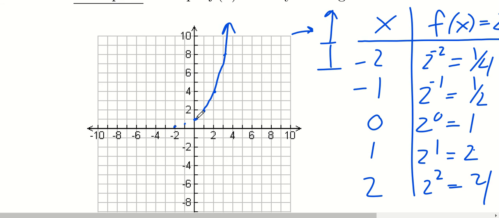On the other hand, what's going to happen as x approaches negative infinity? Well, if we keep taking larger and larger negative powers of 2, we're going to get values that are smaller and smaller and smaller and are ultimately going to approach 0. Okay?